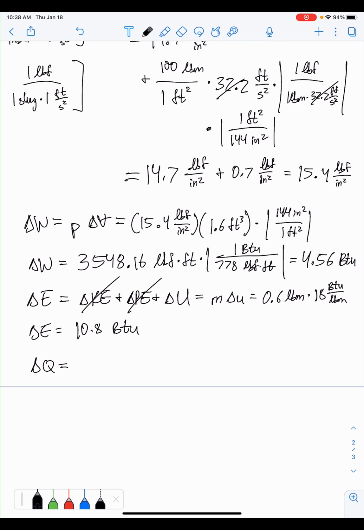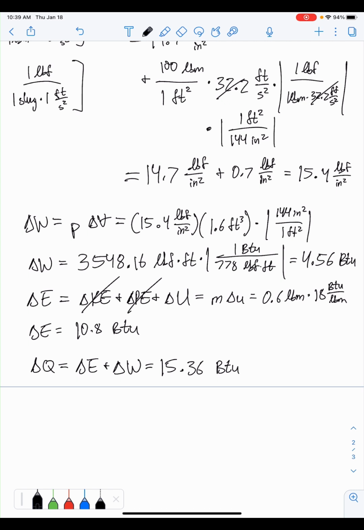Rederiving, I guess, our first law of thermodynamics, we get the following equation. And a final result will be that the little resistor thing inputted a total of 15.36 British thermal units.